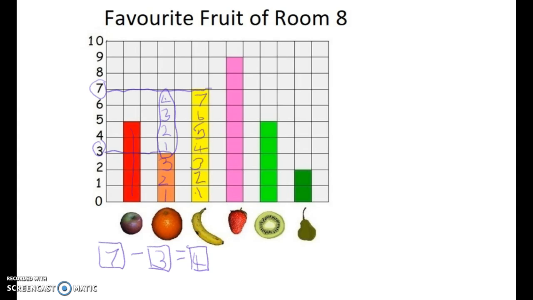Let's try this again with strawberries and kiwi fruit. First of all, work out how many people liked each of the fruits.